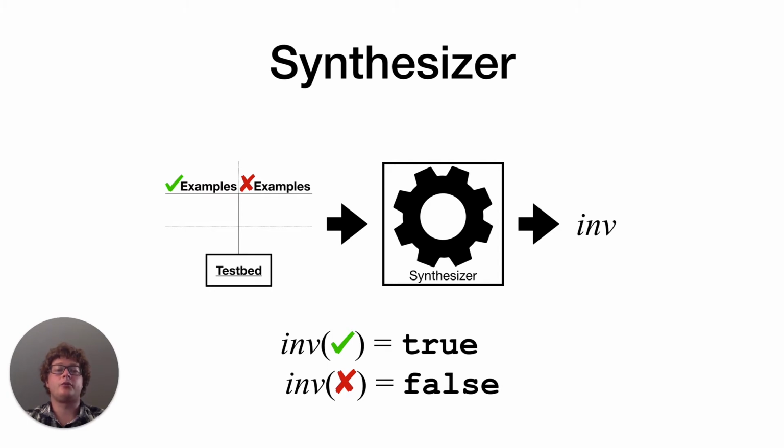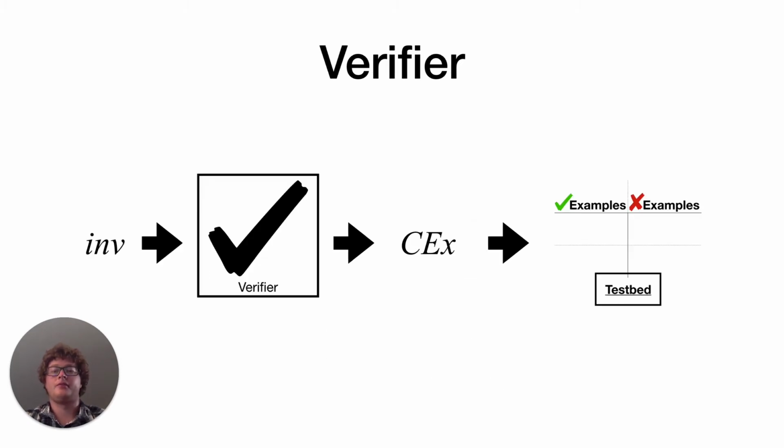We need to return a candidate inv that returns true on the positive examples and false on the negative examples. The verifier takes as input inv, and if it does not find that it is sufficient to satisfy the spec and inductive, it will return a counterexample, which we can then use to update the testbed.